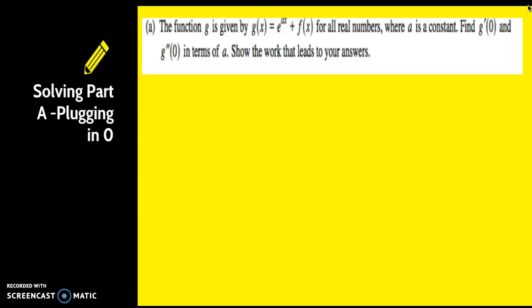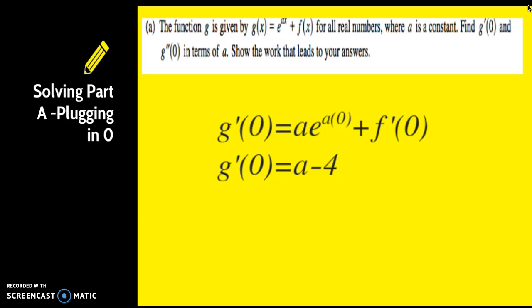The next step to solving part A is plugging in 0. So first we're going to plug 0 into our g prime of x function, which gives us a times e to the a times 0 plus f prime of 0. This simplifies out to a minus 4 because remember we know that f prime of 0 equals -4.